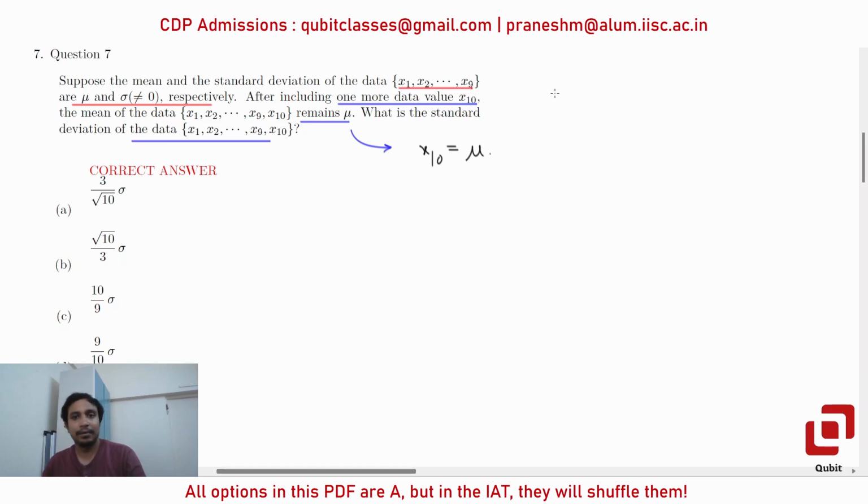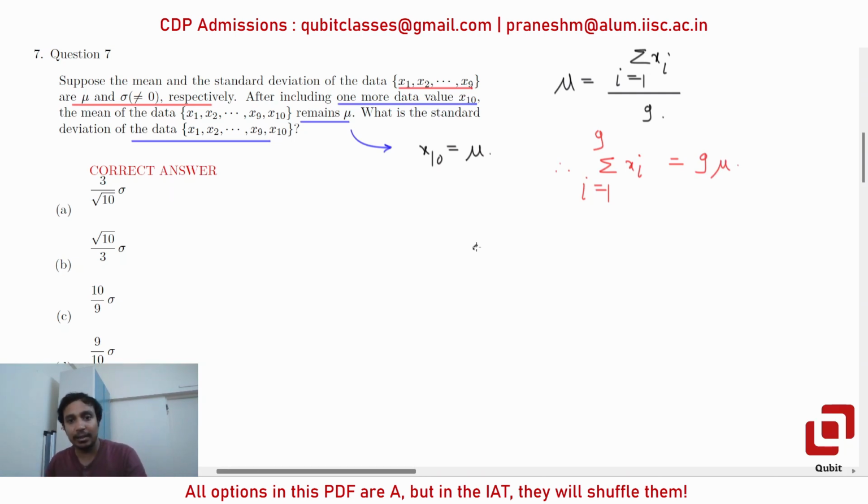How? Look here. Mu is actually the sum of all values as i goes from 1 to 9, upon 9. So this sum is actually 9 mu. Therefore, summation xi as i goes from 1 to 9 is 9 times mu, and that's why the mean is mu.